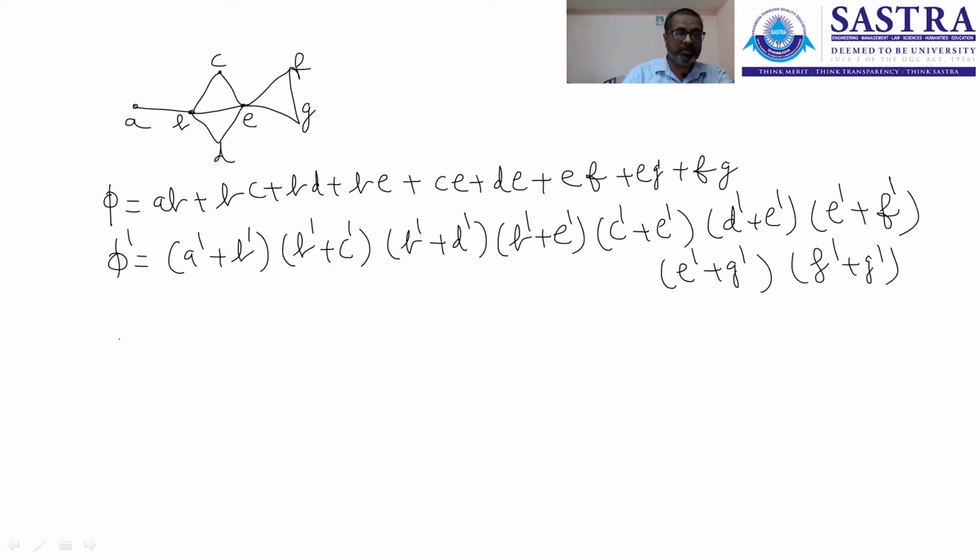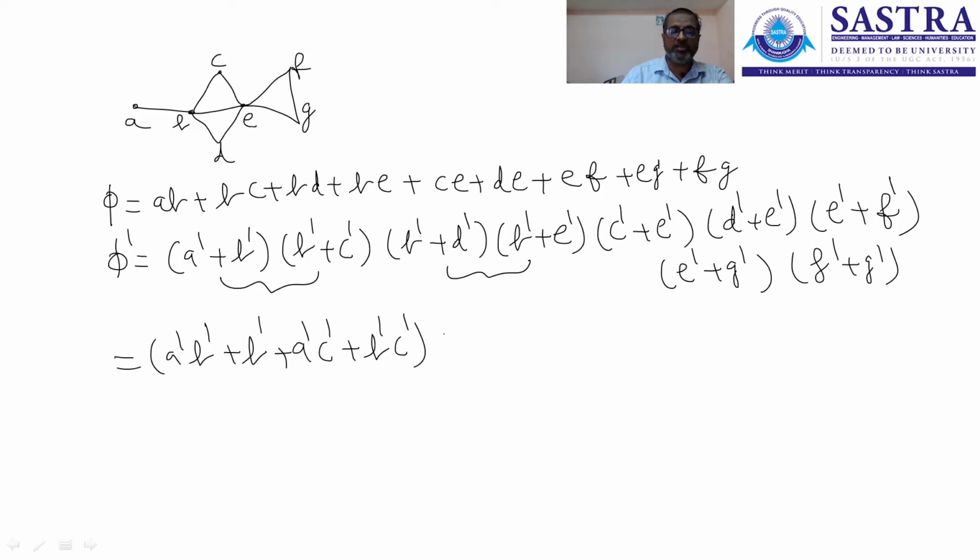I'll multiply these two. A dash B dash plus B dash, B dash B dash is B dash, plus A dash C dash plus B dash C dash. I multiplied these two. Similarly, I'll multiply these two. I'll have B dash plus B dash D dash plus B dash E dash plus D dash E dash.